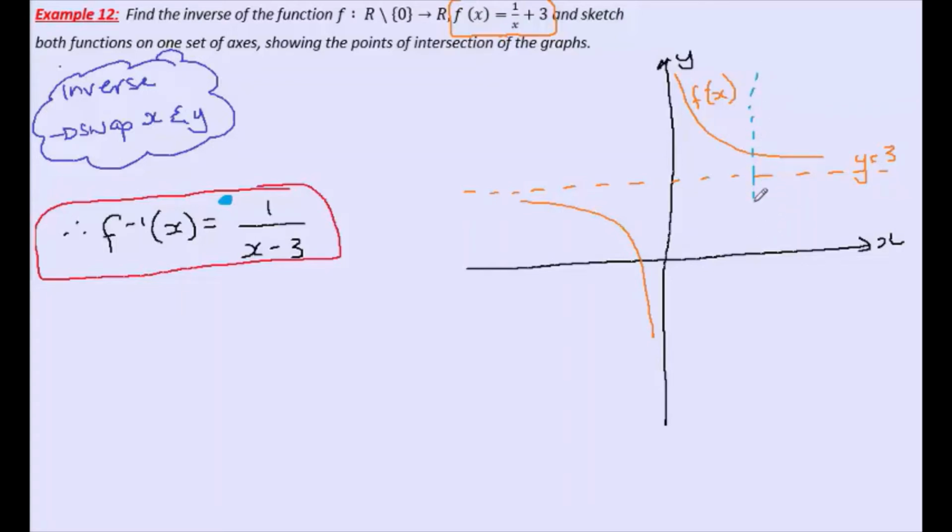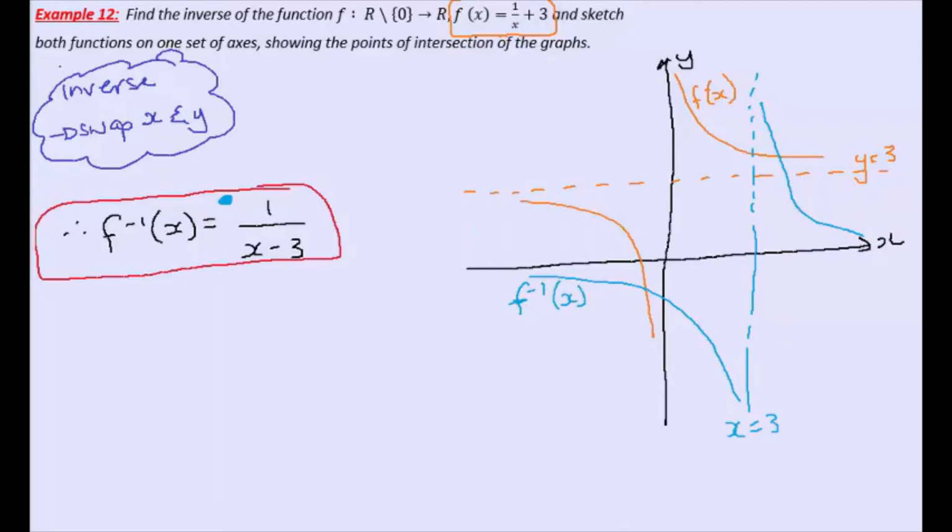So I can draw that line in right now. There we have x equals 3. And now I can draw my hyperbola in there, and it's going to look something like that. And like this. So now this line here is f negative 1 of x.